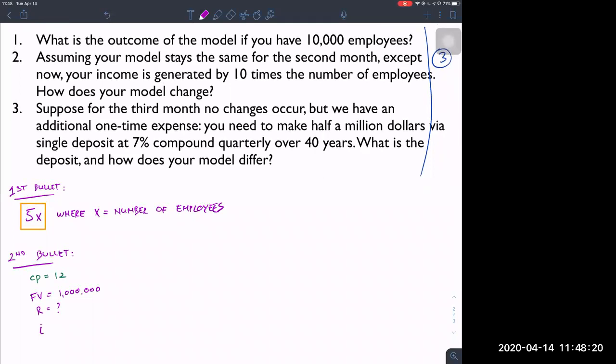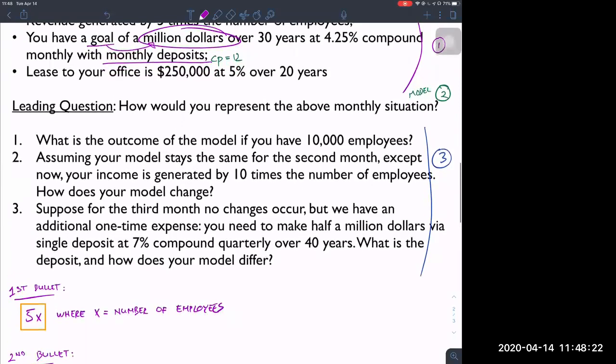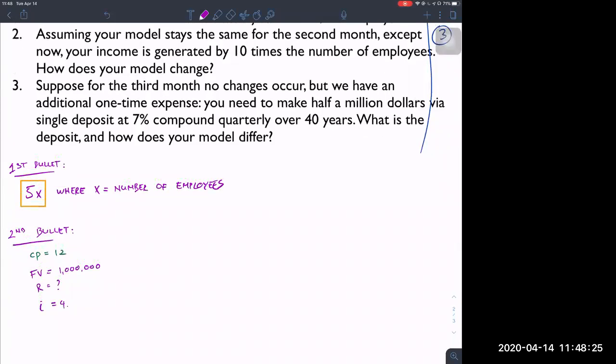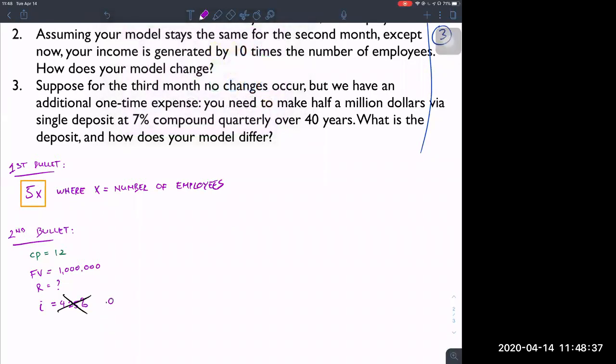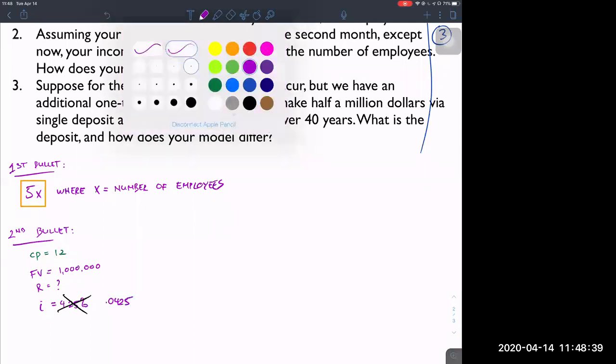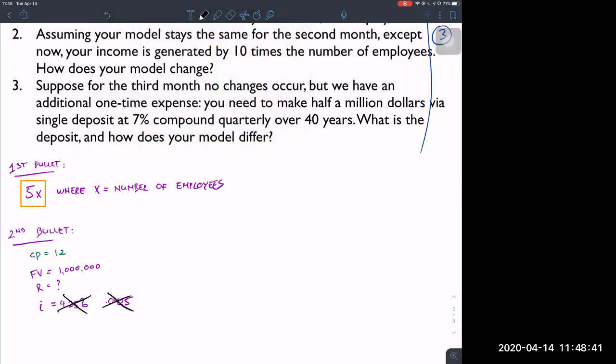The answer here for the interest rate is not 4.25%. That's incorrect, right? Why? We never use the percentage sign in an equation, right? And then some of you wrote, oh, 0.0425. That's still wrong. Why? Because every time we do an annuity, what has to be involved with the interest rate?